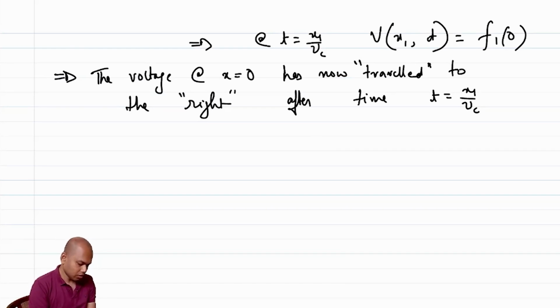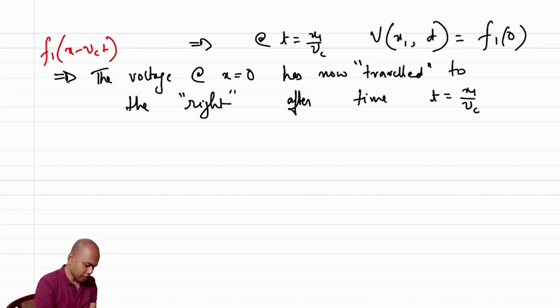So this again is the representation of f1 of x minus vct. And what is the positive sign implying? x plus vct.